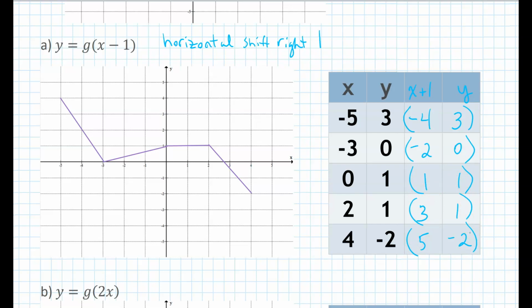So that's one way we can make the table and then replot the points and connect. Or also, because this one is just a straightforward shift to the right, I can just look at my coordinates here, the endpoints, and say, okay, that's over by 1. This is over by 1, this is over by 1, and by 1, and then reconnect.